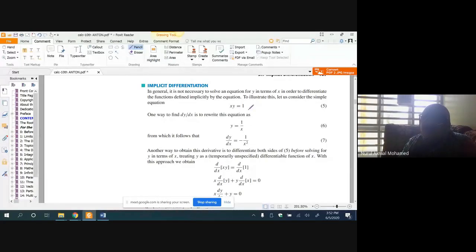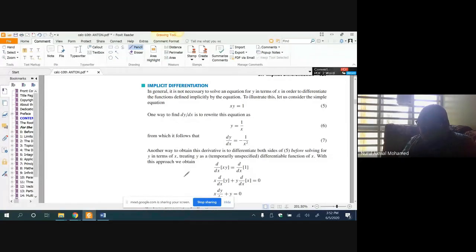Then it might be a bit difficult for you to make y the subject, even though it is doable in that case. But it is not as easy as xy equal to 1. For that kind of equation, it is necessary for you to use implicit differentiation.